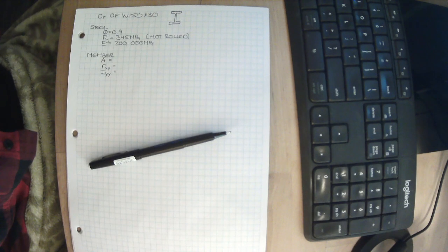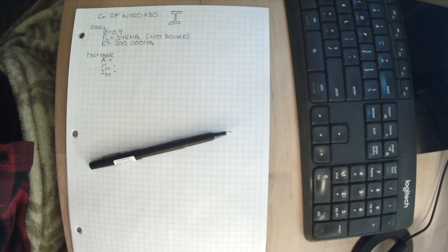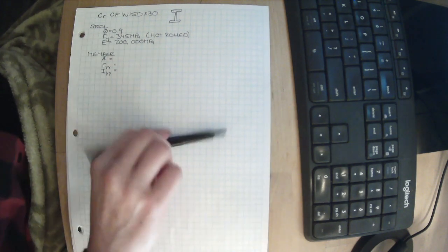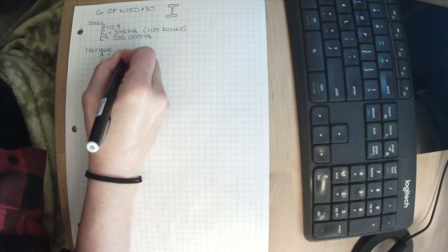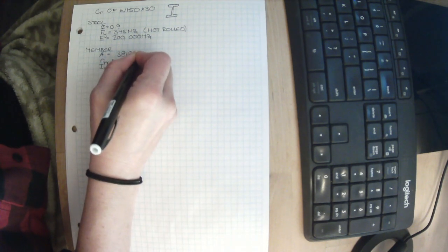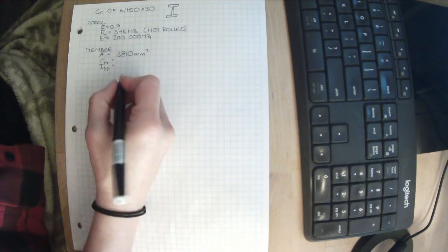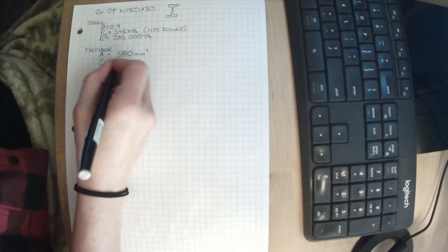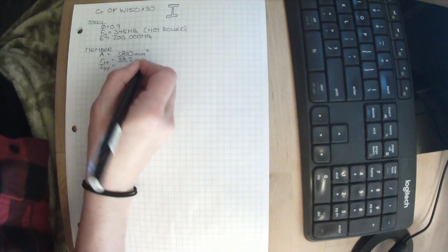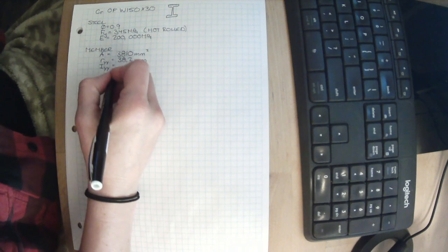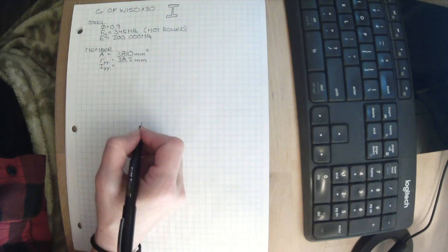So let's come back and write those values into our charts here. Our area is 3,810 millimeters squared. Our R_YY is 38.2 millimeters. And I_YY, is that the value we looked up?